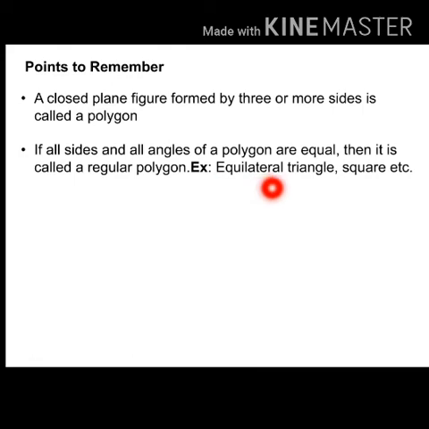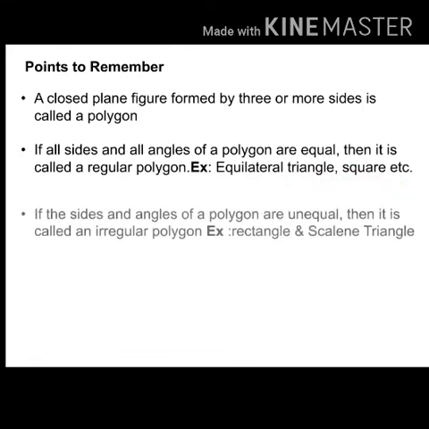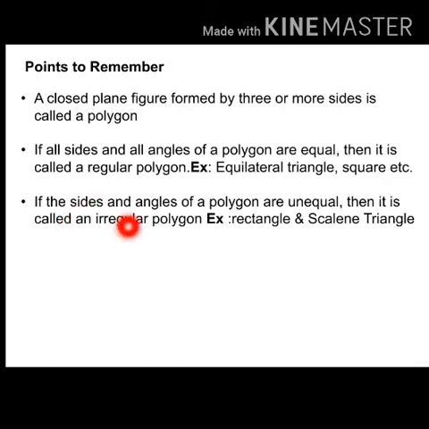Example, equilateral triangle, square, etc. If the sides and angles of a polygon are unequal, then it is called an irregular polygon. Example, rectangle, scalene triangle, etc.